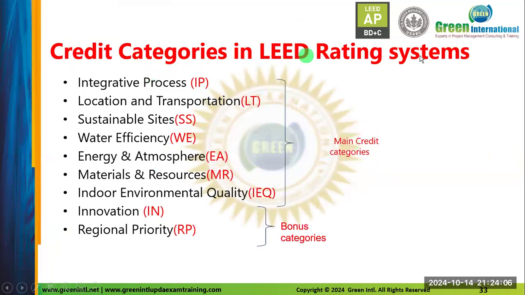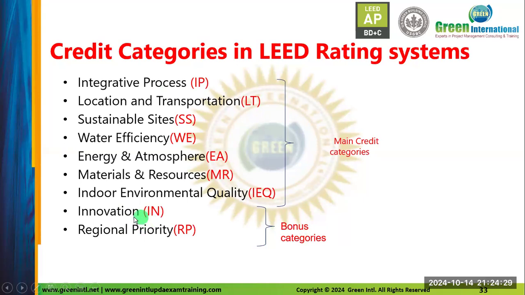These are the LEED categories. How is the structure? The structure is categories. As you can see, these are the different categories of LEED: main categories and bonus. Here you will understand further. We were explaining LEED GA last class, including the innovation category, and we just had a thorough idea.